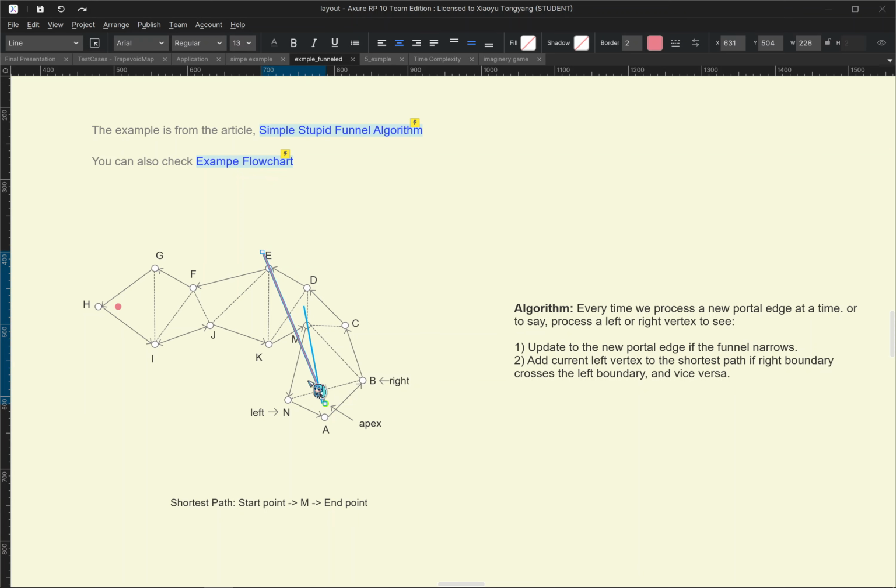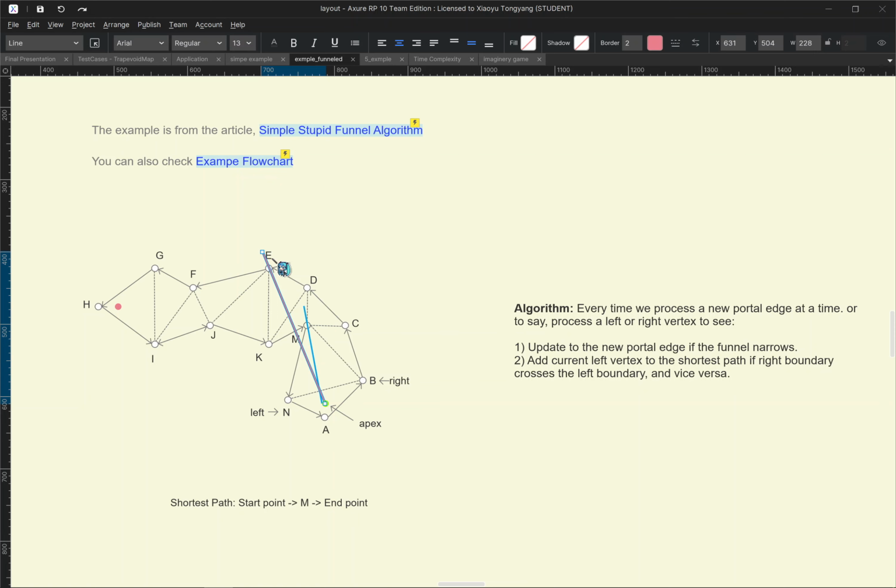At this point, as you can see, the right boundary crosses the left boundary, so we need to add the left vertex to the shortest path and initialize our funnel again. Let's do the update.